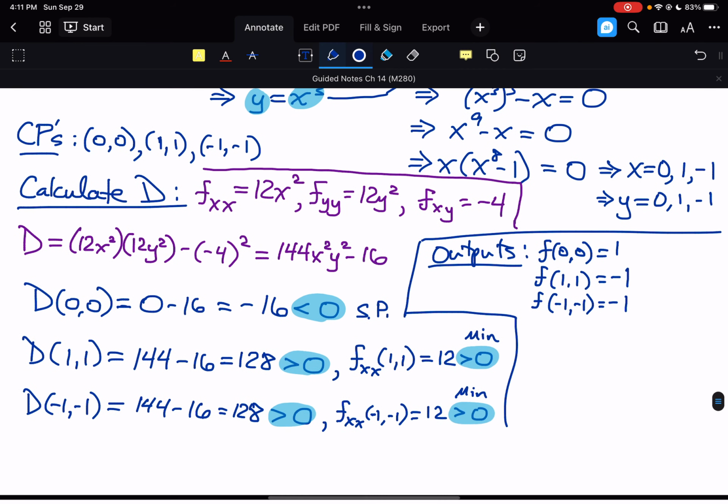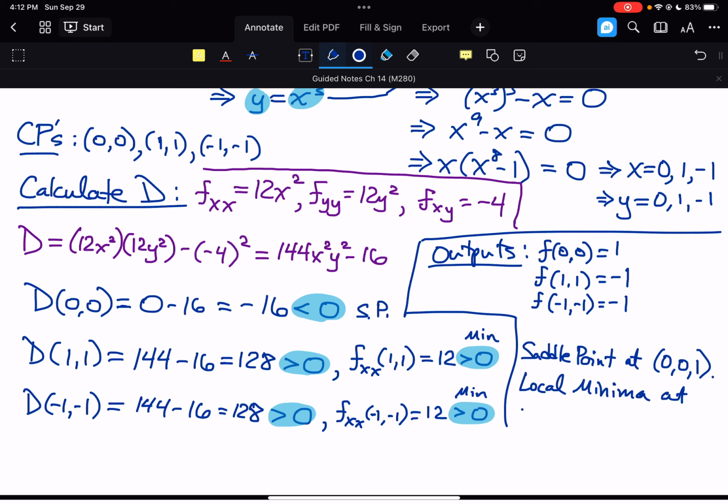So let's go ahead and draw our formal conclusions here. So we have a saddle point at 0, 0, 1. And local minima at 1, 1, negative 1, and negative 1, negative 1, negative 1.